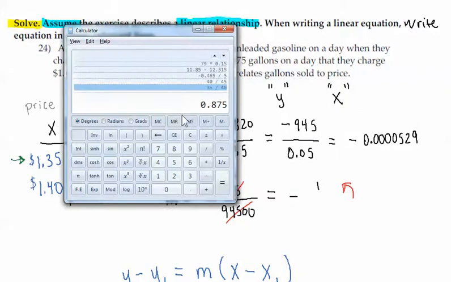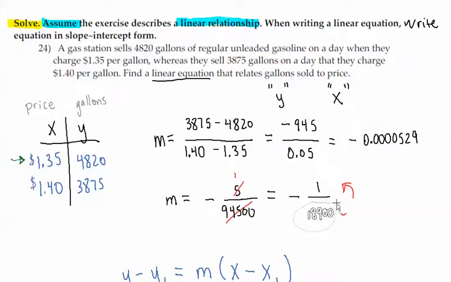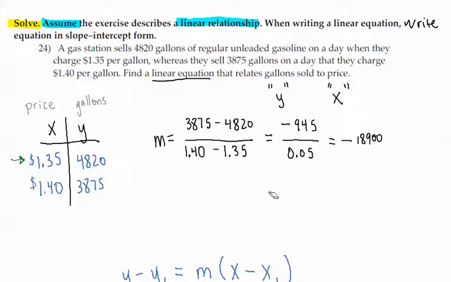So when we divide, we would have had negative 18,900, which was that number that we had down here when we looked at the fractional form of the slope. So we didn't need to rewrite it like we did down here. Our slope is equal to negative 18,900.